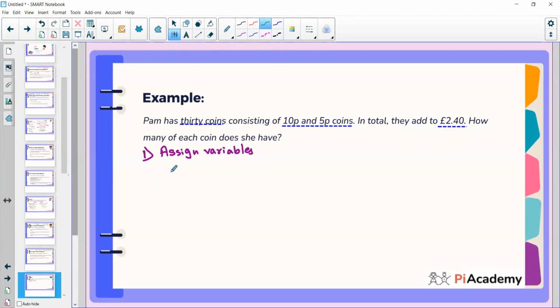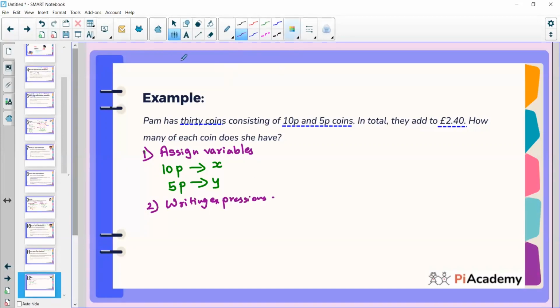So let the number of 10p coins be x, and let the number of 5p coins be y. So x number of 10p coins, and y number of 5p coins. Okay, now let's see how to write up the expressions.